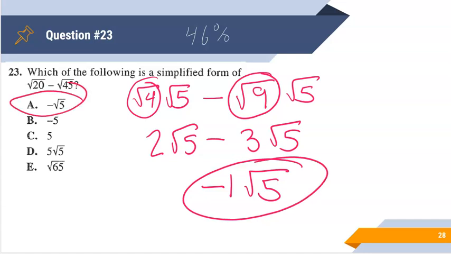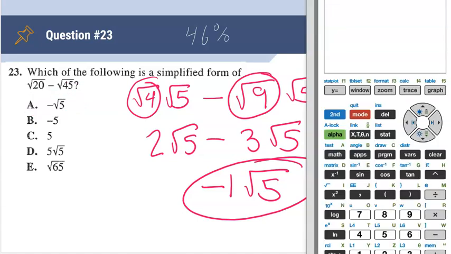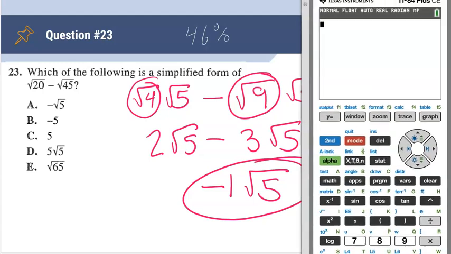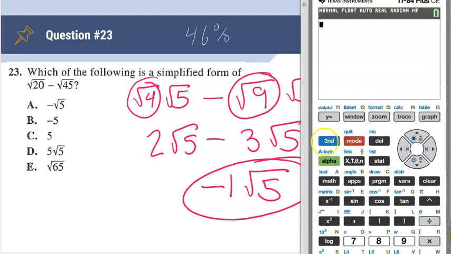Now, another way to do this one is to physically just type these into your calculator. Like if I were to type in the square root of 20 and then subtract from that the square root of 45, we get a decimal answer.